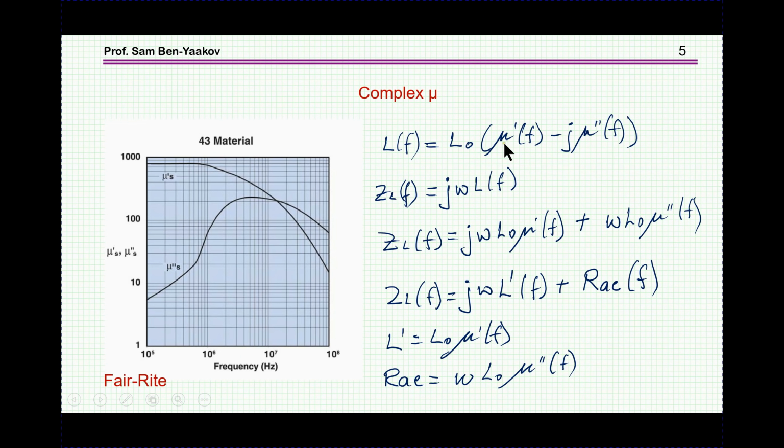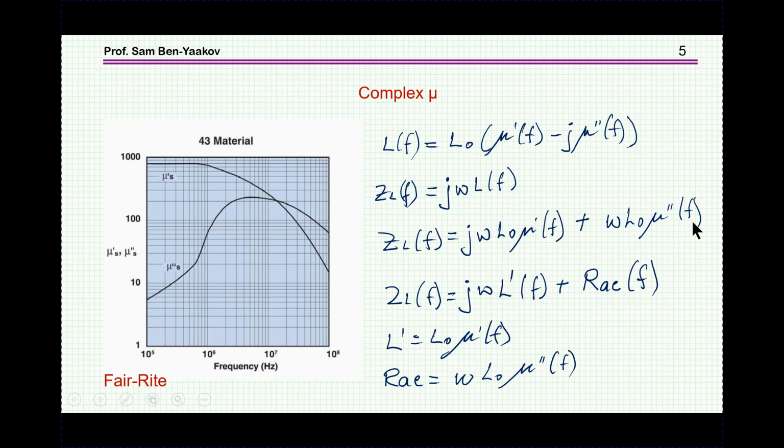So this is the general representation of an inductor built with this material. Now the impedance, of course, is j omega times this inductance, which is frequency dependent. These two are frequency dependent. And therefore, when you multiply it, you get this component, which is like an inductor, although a frequency dependent inductor.